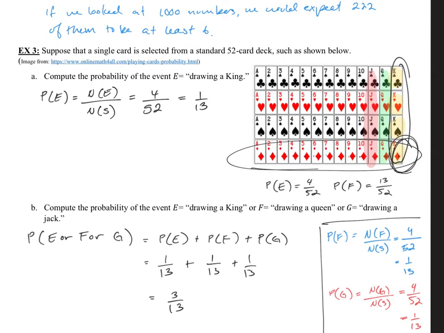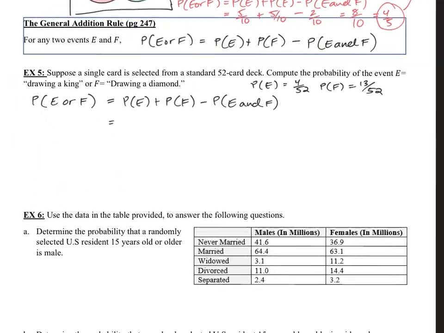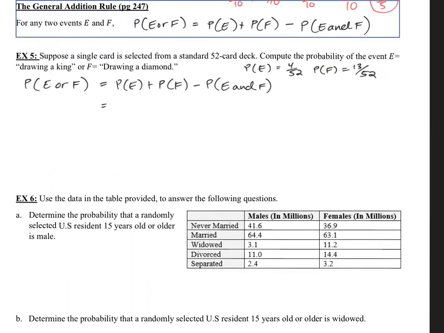What do they share in common? Well, they only share one item in common, and that is the King of Diamonds. So that's just one card out of the 52 that they share in common, which means that the probability of E and F is just 1 out of 52. Okay, I'll plug these probabilities in.